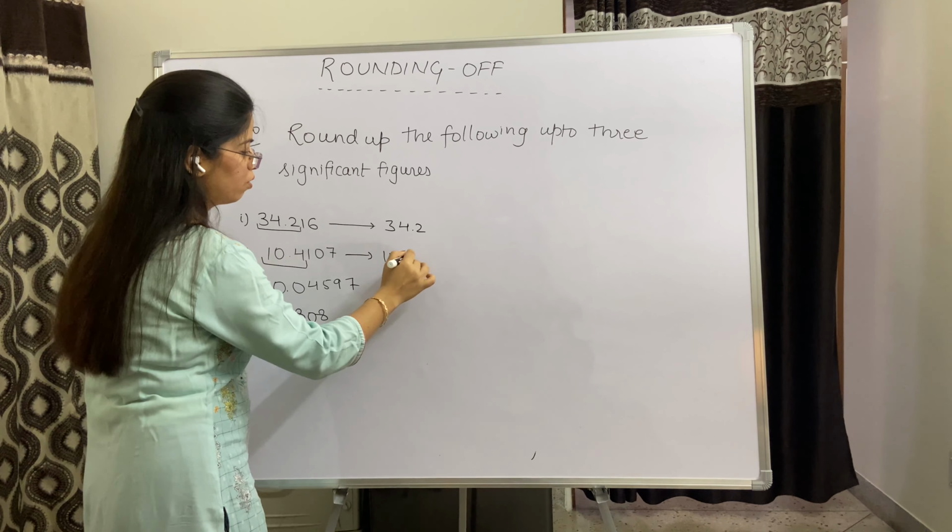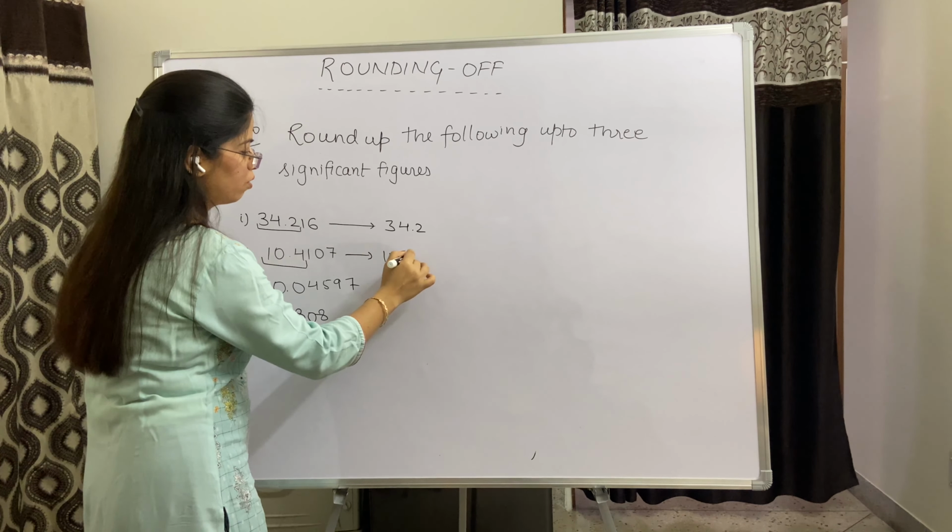In the next question, these are the 3 digits which are significant, because the zeros which are present on the left hand side, we do not consider as significant. So these are the 3 digits. 7 is the dropping digit which is greater than 5. So we'll increase the preceding number by 1. It is written here 9.